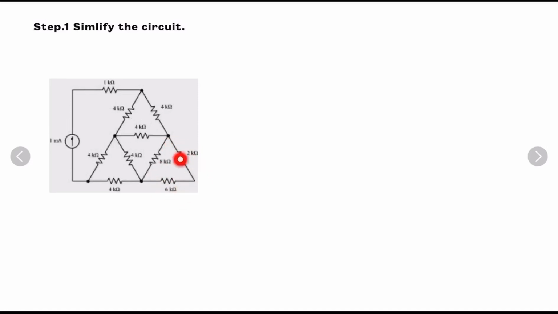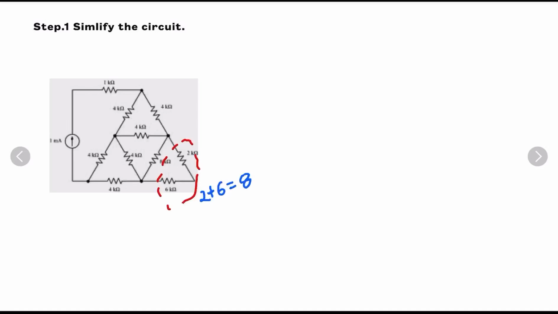These two branches are in series. So we will simplify first this part of the circuit and after that we will move further. We can easily see that these two branches are in series and the combination of this is going to be equal to 2 plus 6, which will be 8.